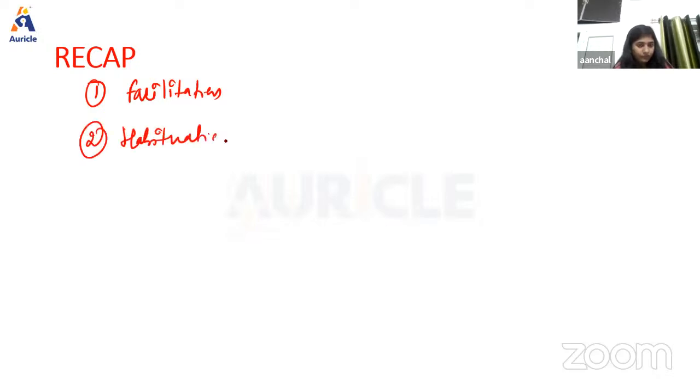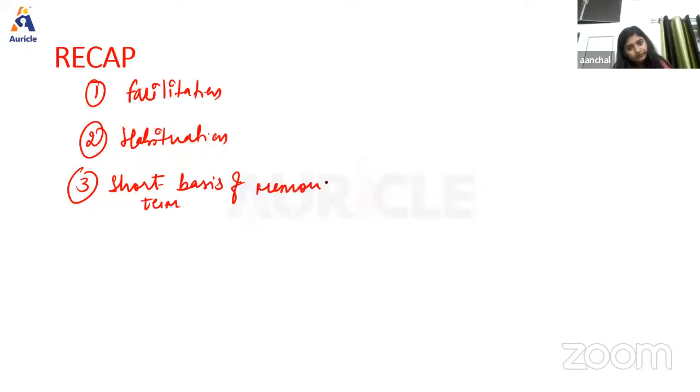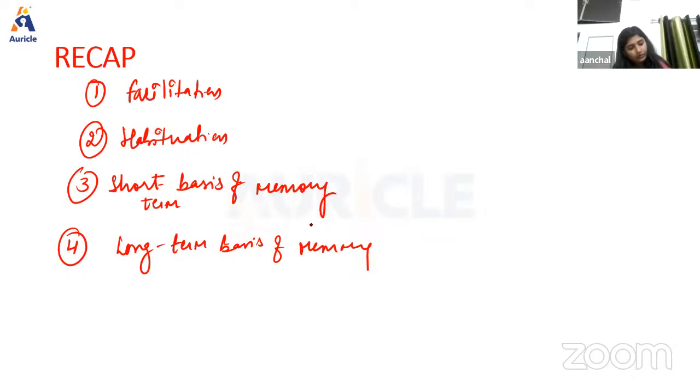So in this we're going to discuss various concepts like facilitation, then what is habituation, then the short-term basis of memory, then the long-term basis of memory, and last we're going to discuss the sites of encoding.